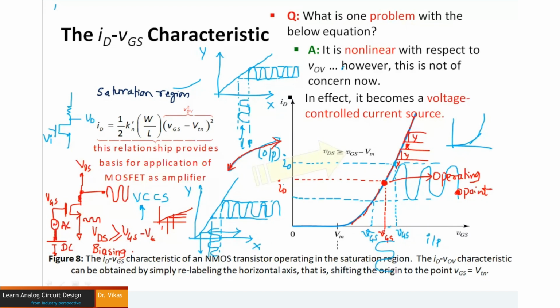So what is the operating point? The operating point is a particular point on an input graph, or basically on a VGS versus ID graph when I talk about a MOSFET, where when you give the VGS, it gives you the maximum benefit in terms of current, and that current when multiplied with resistance gives the maximum benefit in terms of output voltage.